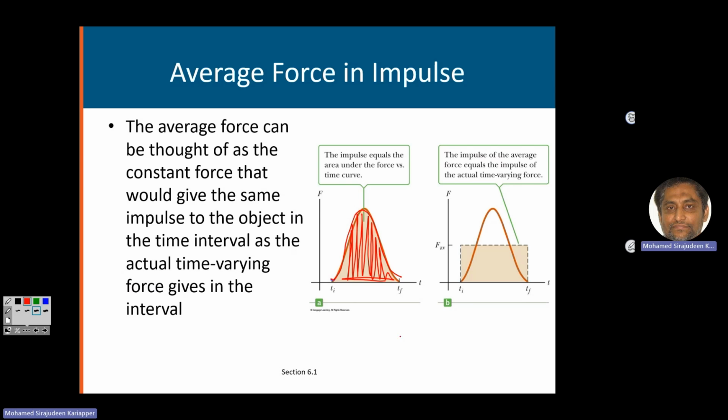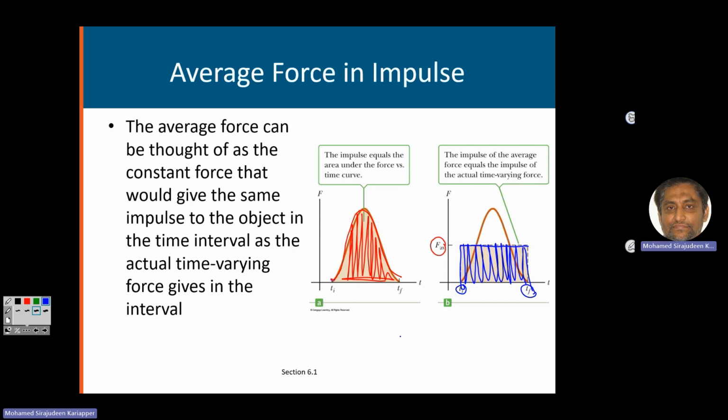So we will introduce an average value, which is a constant value from the same initial time to the same final time, such that the area under this constant force, the blue shaded area, is equal to the area under the actual force.